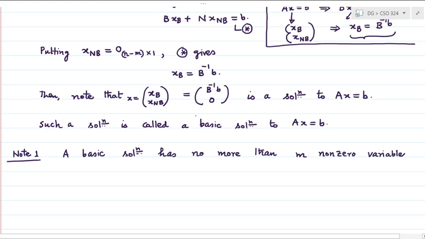In that case, obviously the basic solution is having 0 components more than m. When the basic solution is having 0 components more than m, that is called a degenerate solution.